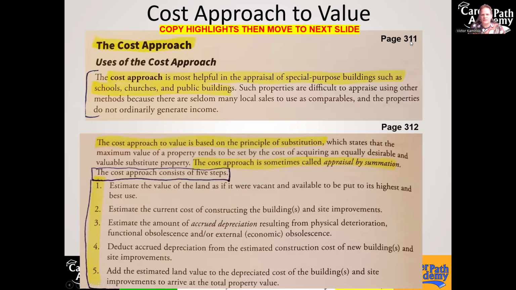So this is spread out across 311 and 312. What the cost approach is and how they come about figuring it out with these 5 steps. Let's just do that. And then we'll continue on with those steps. So far, we're on step 2.